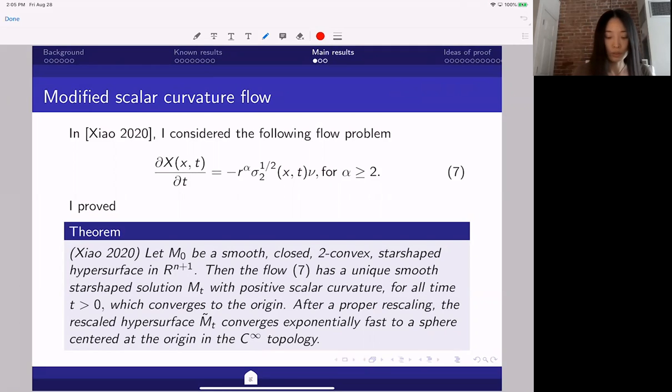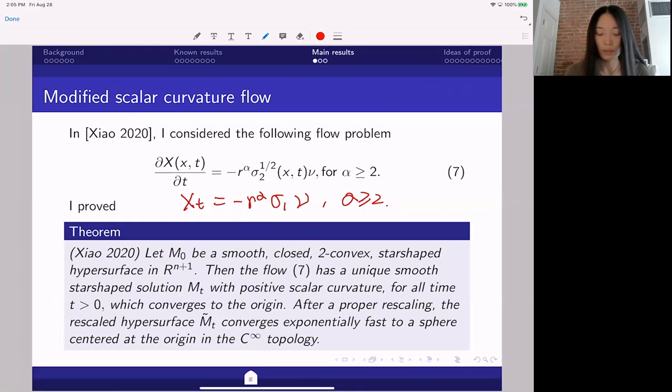In the non-convex case, they considered x_t equals minus r to the alpha times sigma_1, which is mean curvature, times nu, for alpha greater than or equal to 2. Here we do it for scalar curvature.